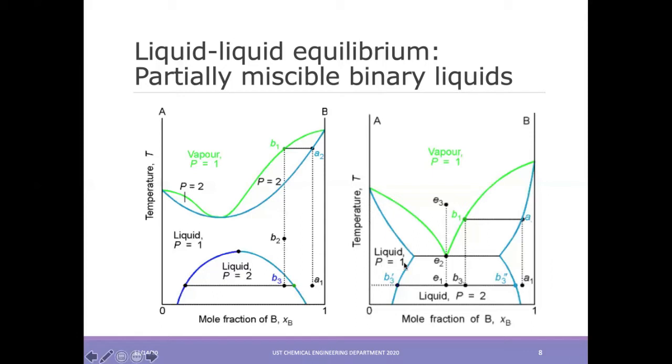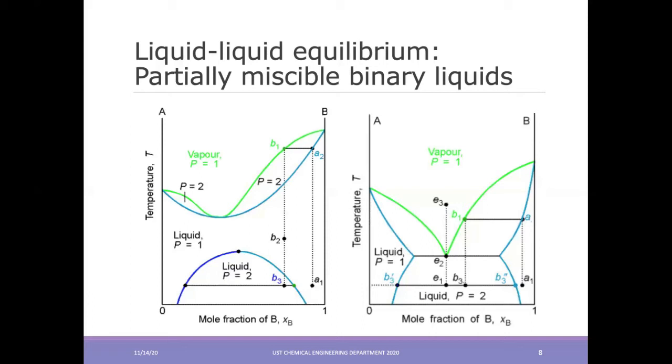So what is the difference from this curve? This figure is for the situation in which boiling occurs first, before complete miscibility. This means that we don't have the upper critical solution temperature.